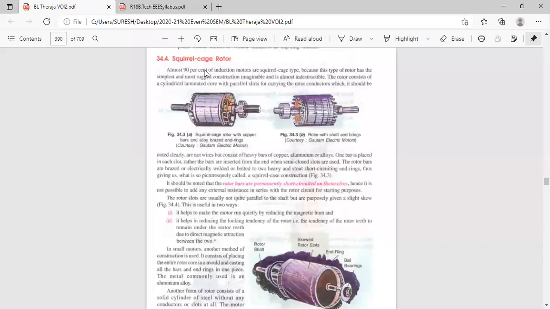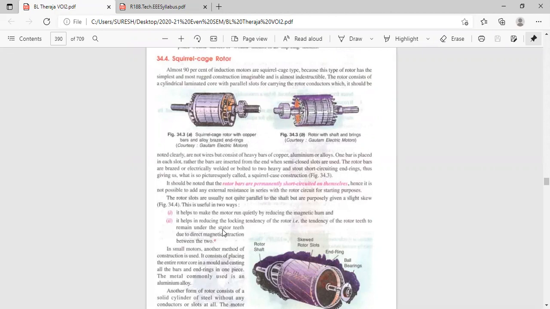Skew means at the end point a bending is there, a slight bend. Yesterday I showed it in the last class. When running, they should not cause any magnetic hum. Magnetic hum means magnetic flux is there, it will create some disturbance. To reduce that magnetic disturbance, we are using a slight skew at the end point of the rotor bars.